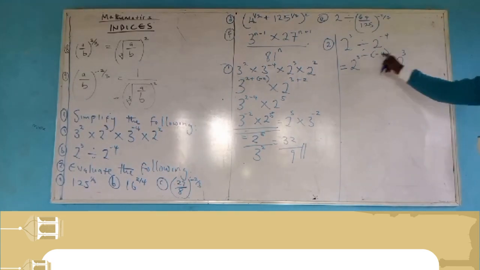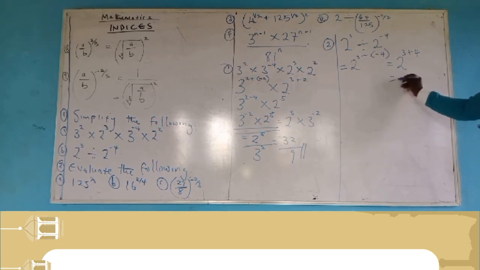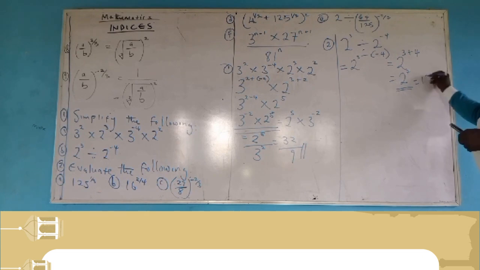Minus times minus, that's plus. And then we have 4. So this is 2 raised to the power 7. That's 2 raised to the power 5, 32, 2 raised to the power 6, 64, and 2 raised to the power 7, 128. So the answer is 128.